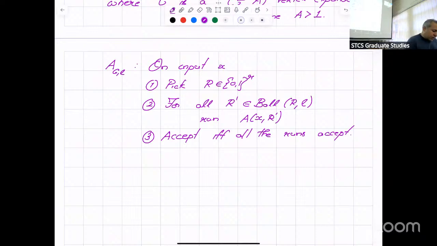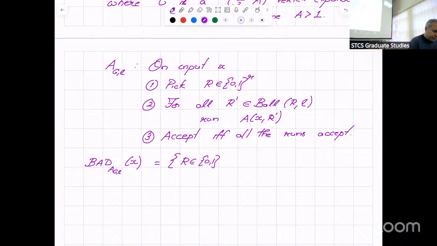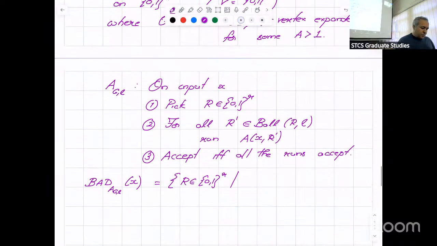Once again, what we want to understand is the bad set of A_G,L for X. Notice this is a set of randomness values R in {0,1}^R, the things on which it errs. When will a point be a bad point?